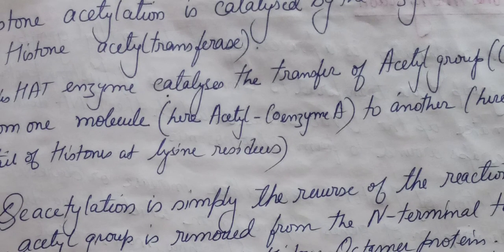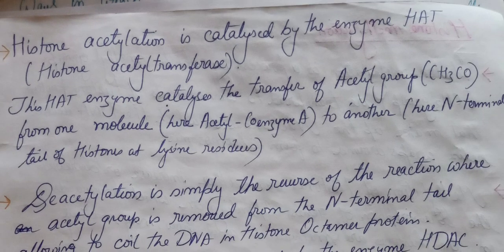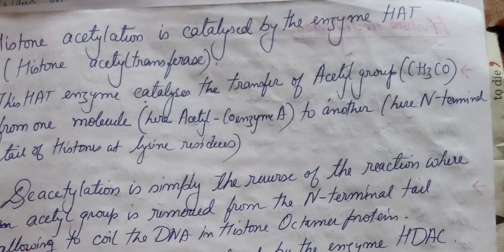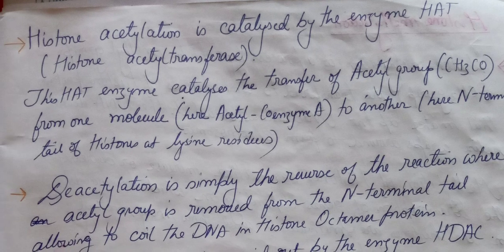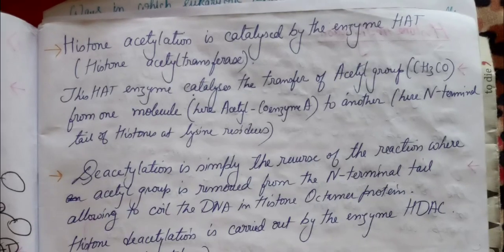It transfers that acetyl group from acetyl coenzyme A to the N-terminal tail of histone, particularly at the lysine residues. So histone acetylation is catalyzed by histone acetyl transferase.